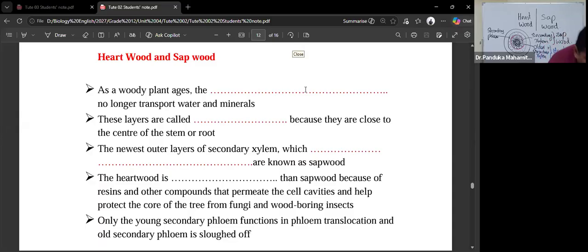Right, so we'll read that part. Heartwood and sapwood.